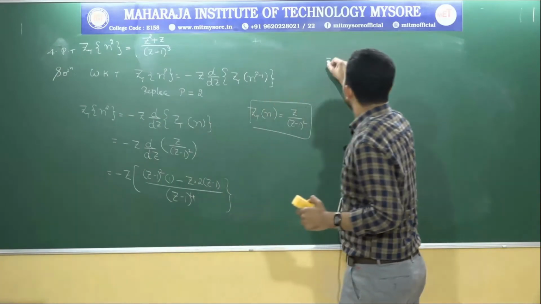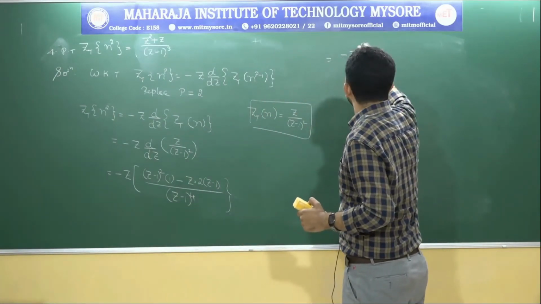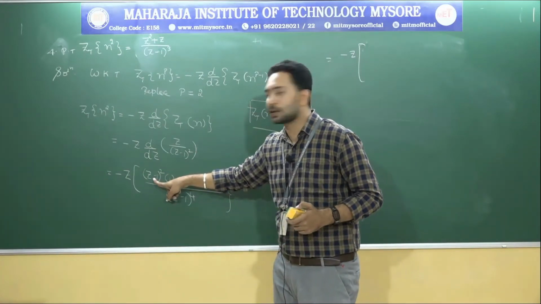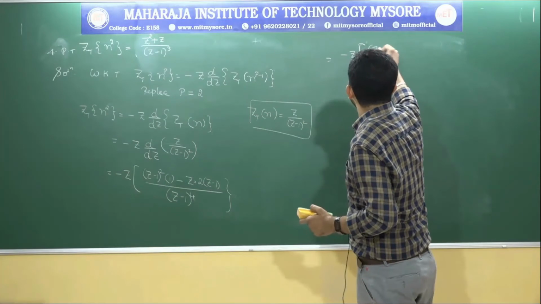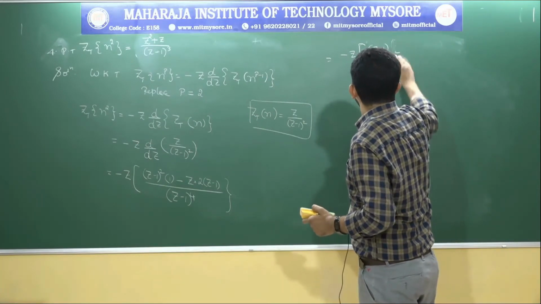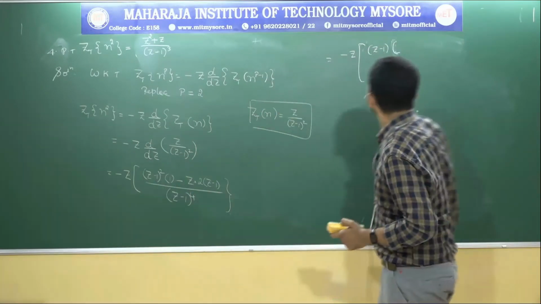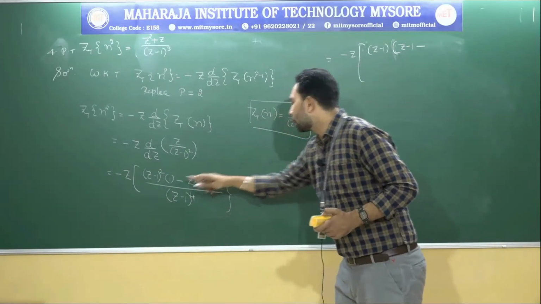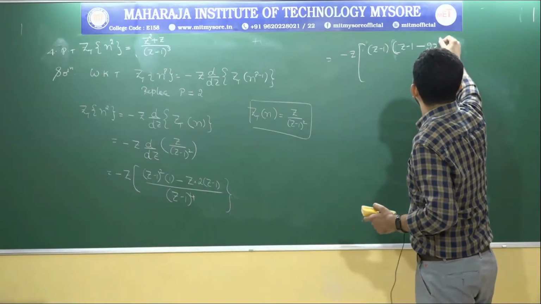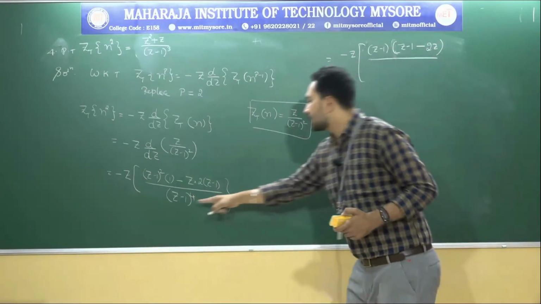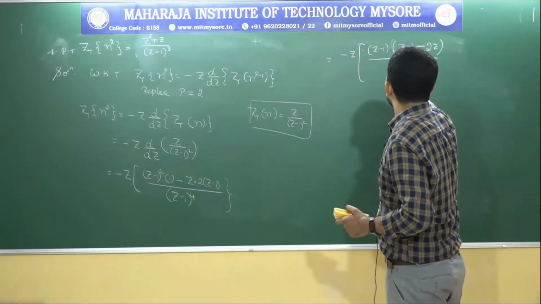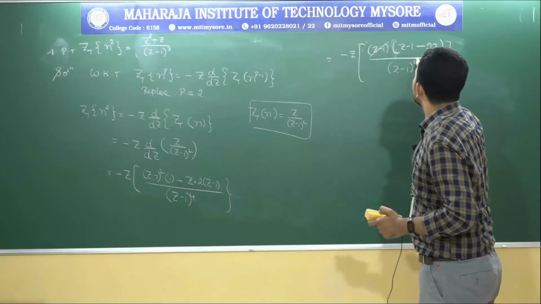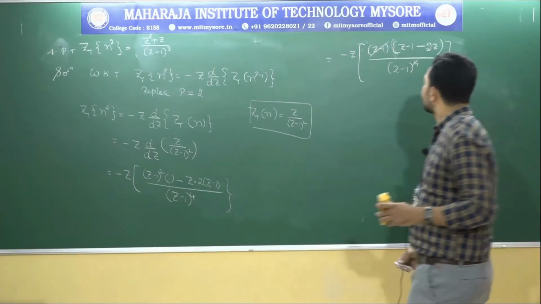Next, minus z into, here we have z minus 1, and here also we have z minus 1 whole square. So take z minus 1 common, and we'll remain with z minus 1 minus 2z divided by z minus 1 power 4. So z minus 1 and z minus 1 will cancel.